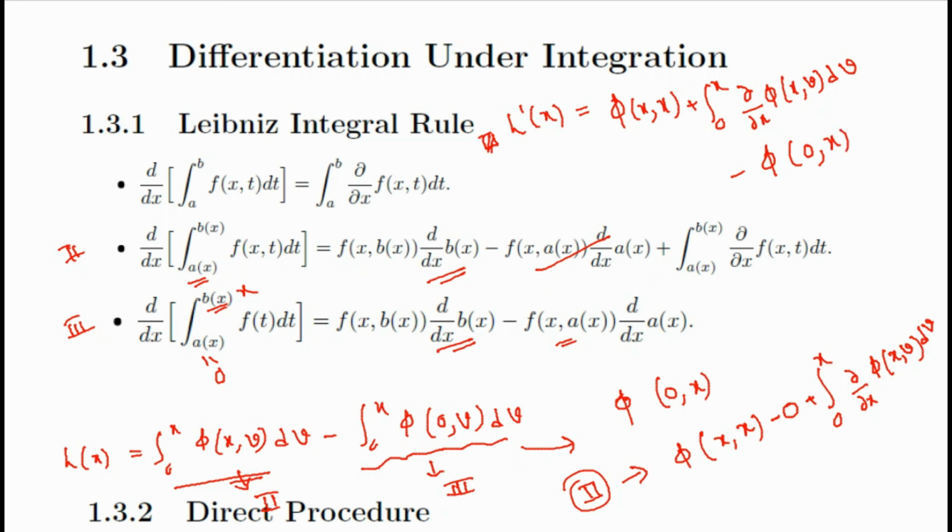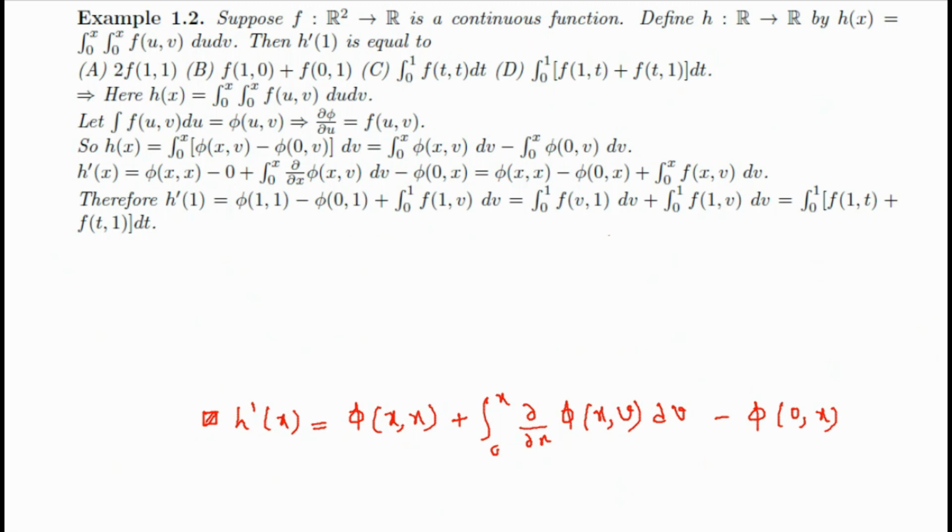Now go to the problem. Again, we have the expression of h dash x, and from this assumption we have del phi by del u equal to f of uv.